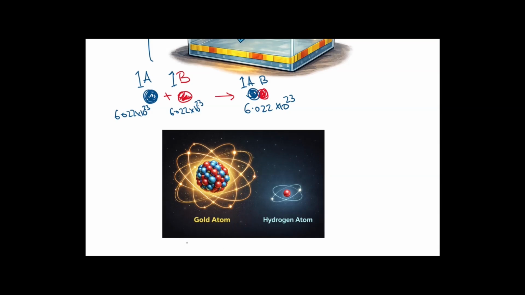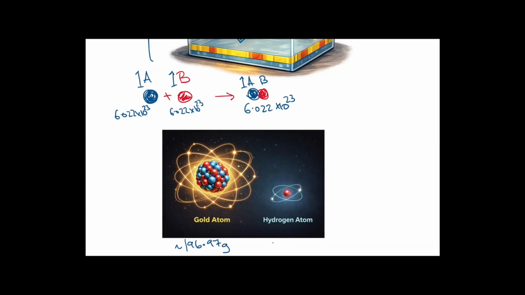So if we had 1 mole of gold, and we put it on a pair of scales, and I'm going to pretend that weight is the same thing as mass, I know that it's technically not, but we're going to pretend that it is. This 1 mole of gold is going to have a mass of 196.97 thereabouts grams.